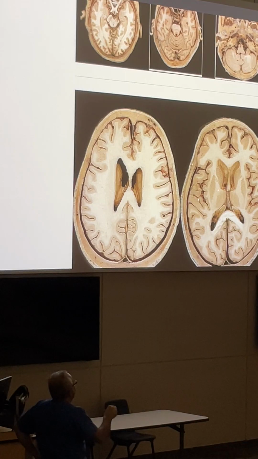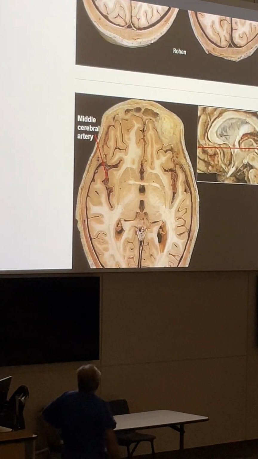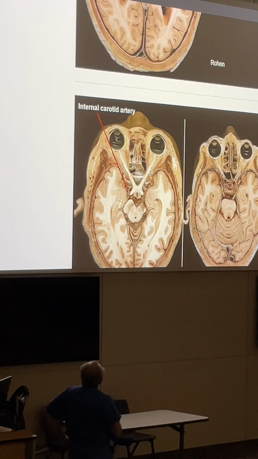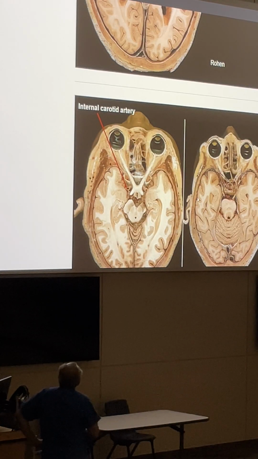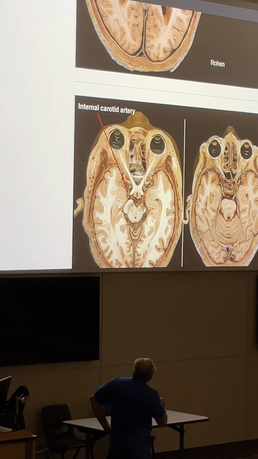From here to here, bending form, genu. It's a part of the uncus, as a result amygdala.